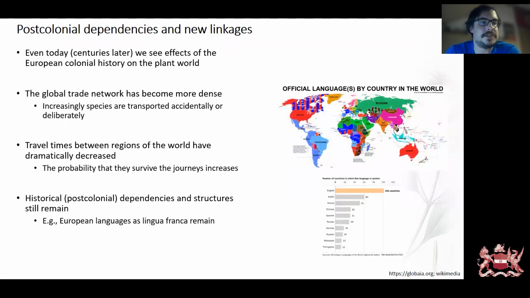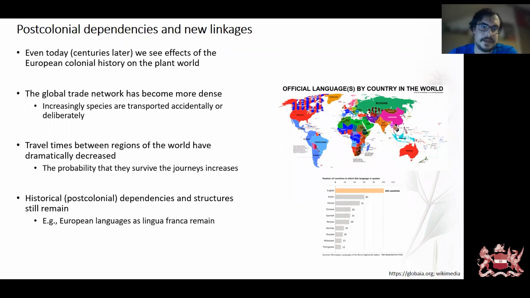Also, nowadays we still have historical post-colonial dependencies and structures that are still remaining. One very important one is language. European languages are still often lingua franca in many regions. So we can see it here where we have European languages spoken as official languages globally.